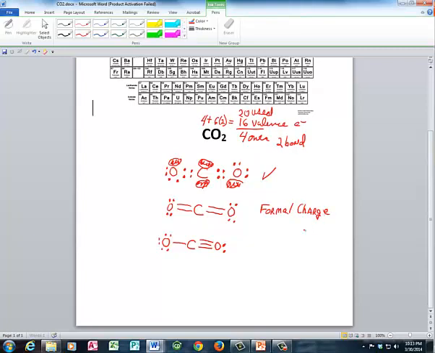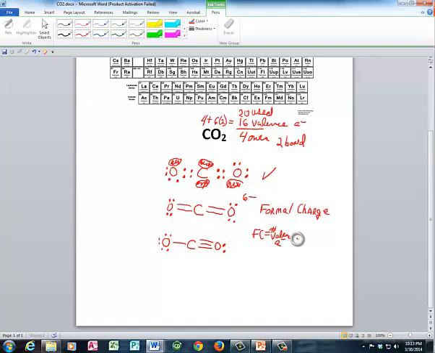It's an easy calculation, but you have to remember it. Formal charge is calculated by taking the number of valence electrons that an atom has. So for instance, oxygen has 6 valence electrons.